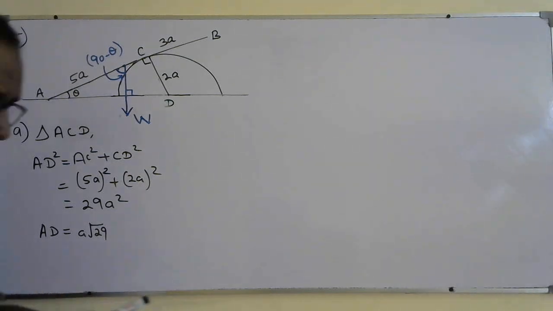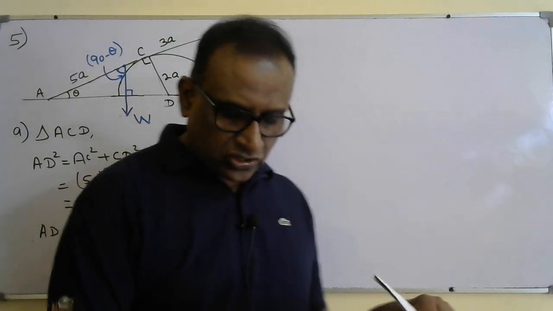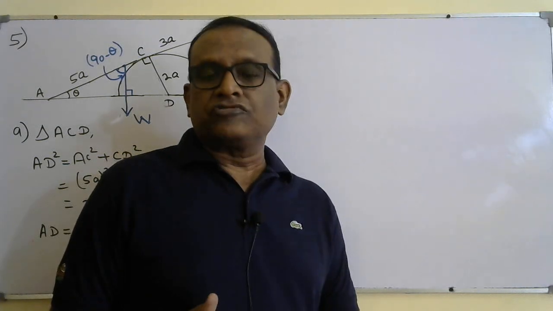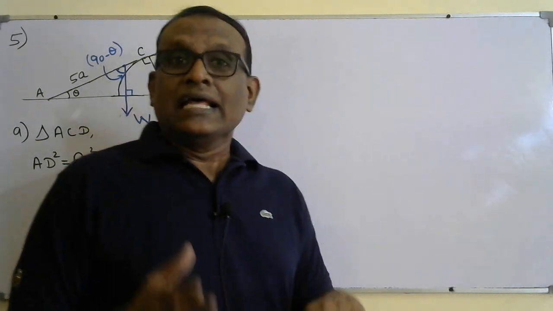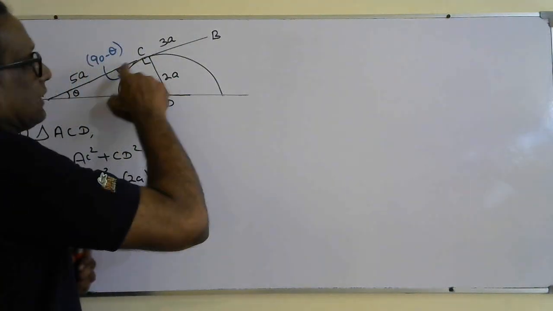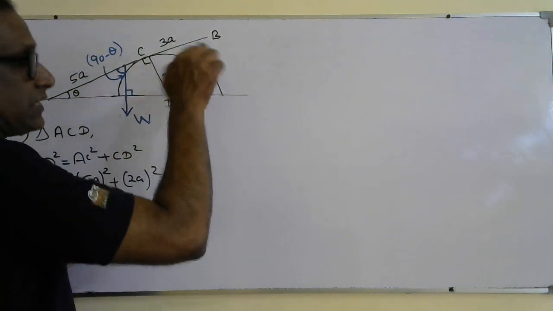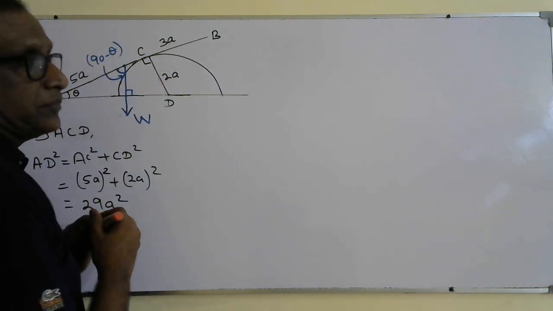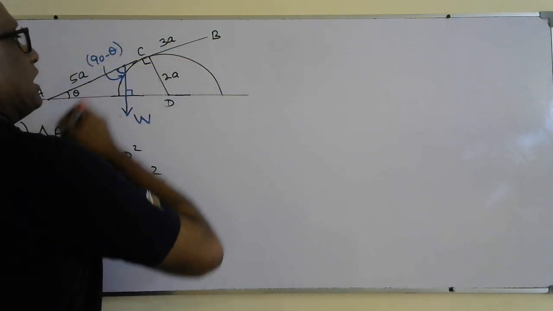Okay, so the normal reaction, the question is find the normal reaction. What do you mean by normal reaction? A reaction or contact force perpendicular to the contact surface. Perpendicular to the contact surface means the contact surface is a hemisphere or like a two-dimensional circle. For that, it's perpendicular, means it must be perpendicular to the tangent.